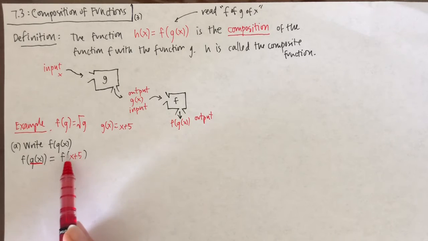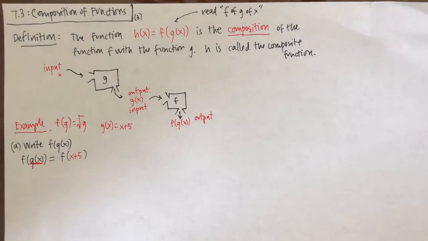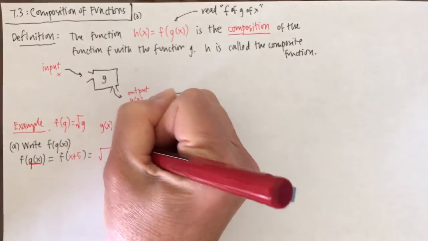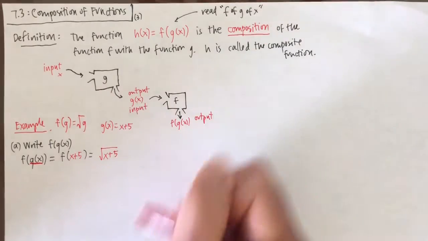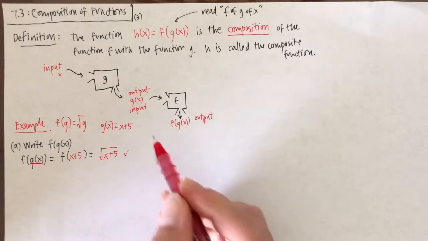So it's as if I'm taking this whole expression, and this is my input for the function f. And so that would equal, let's see, the rule for f is take the square root of whatever the input is. And that's it. f of g of x equals the square root of x plus 5.